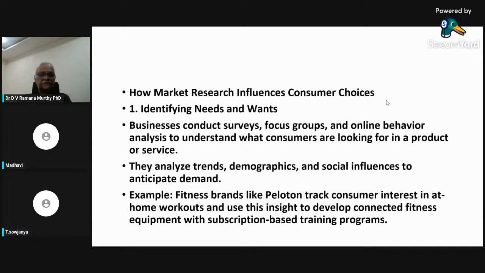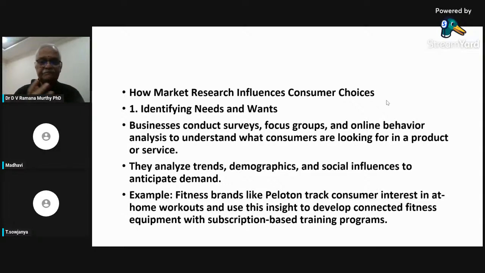Now, of course, all these things are again repeated. How does market research influence customer choices? Number one, you need to identify customer needs and wants, meaning we need to study trends, demographics, and social influences, and anticipate demand, all these things.